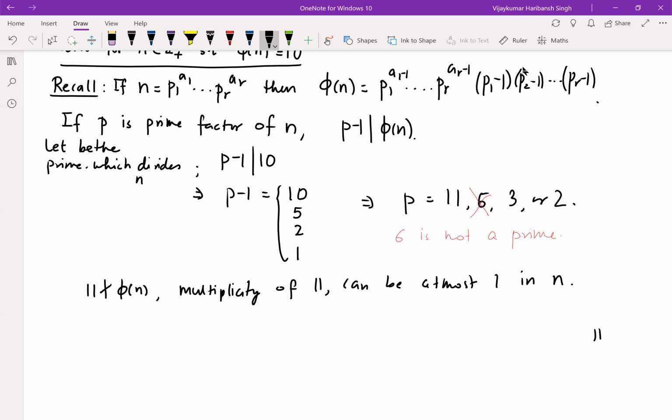That means 11 can only appear with the power 1, not with the power 2. So now let's see. Phi of 11 is already 10. Therefore, n equals 11 is one such solution.